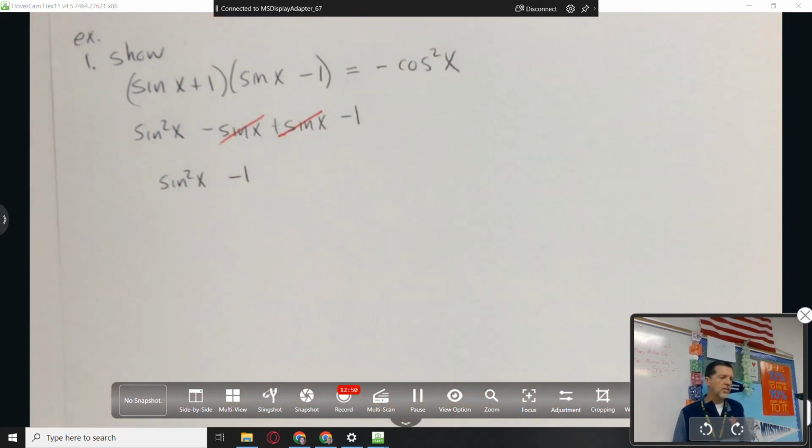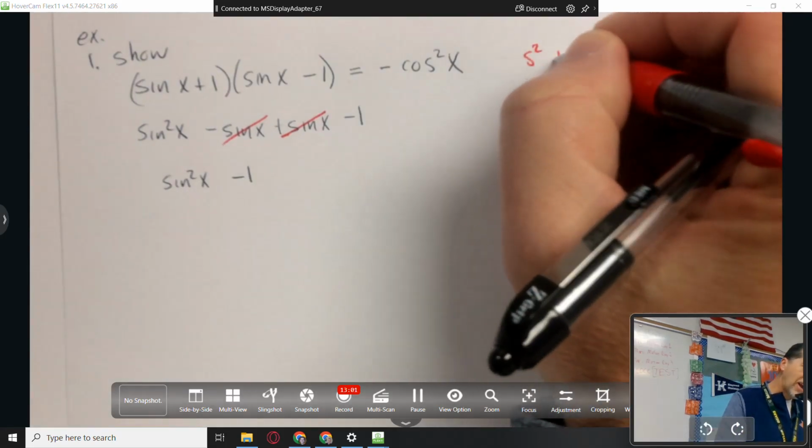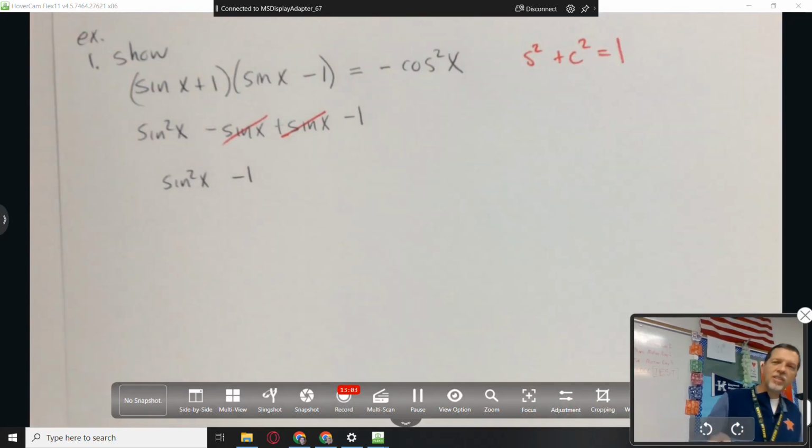And I'm left with sine squared x minus 1. I don't have every iteration of that formula memorized. All I know is that, so out to the side I write, just kind of a note to self, sine squared plus cosine squared is 1.